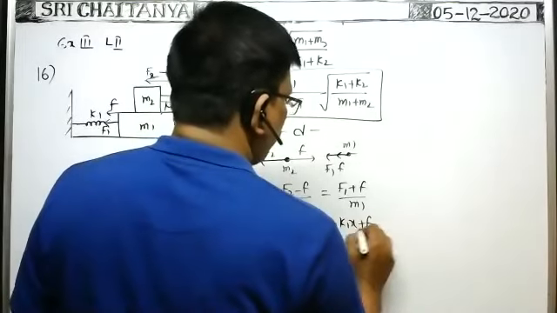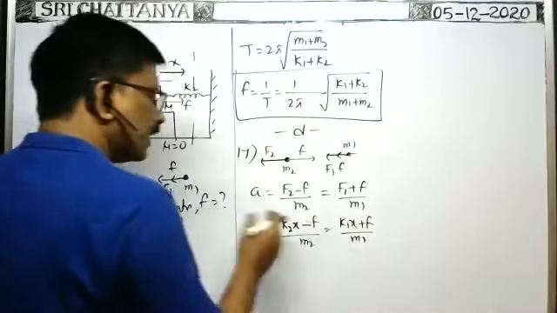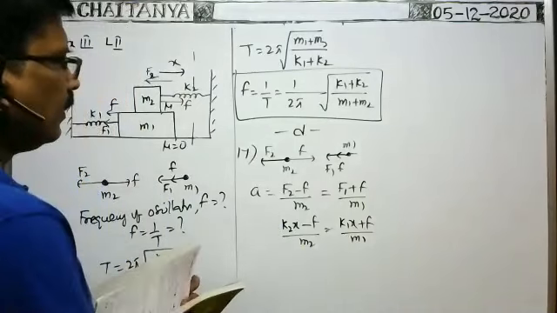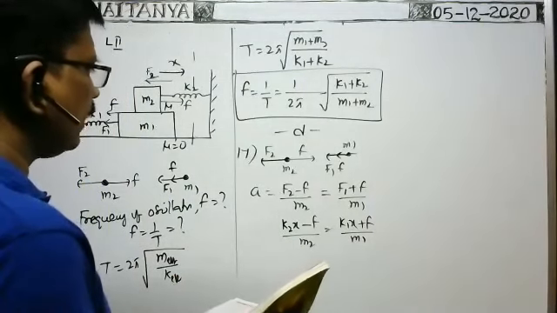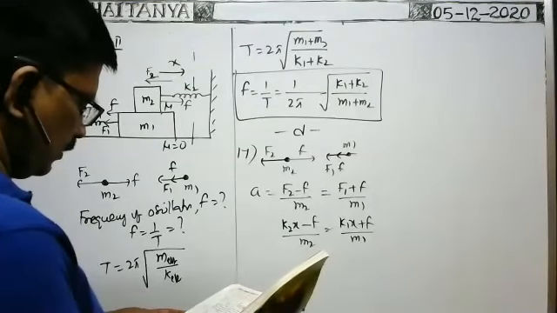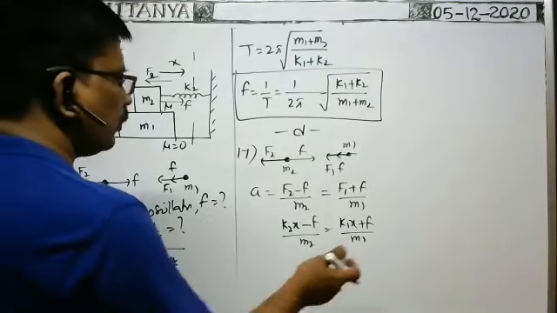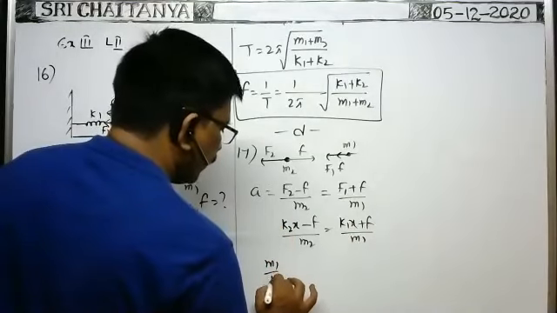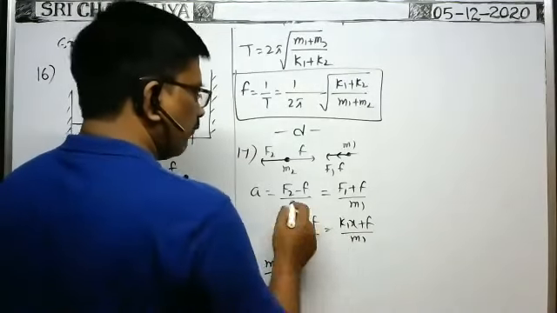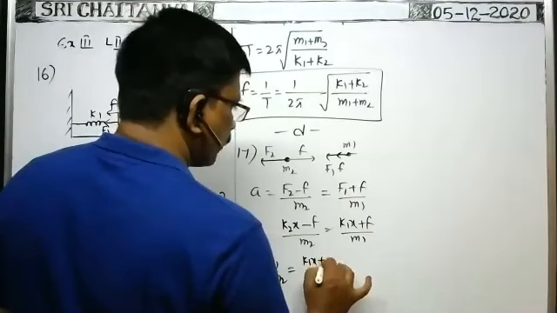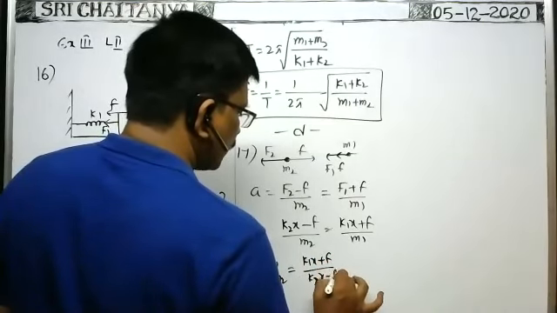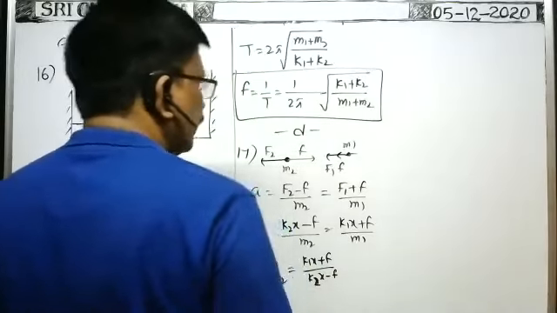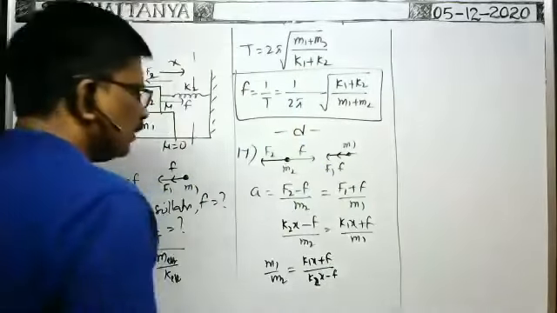Plus friction force F by mass M1. Do cross multiplication. Because here they asked the relation between masses, no? M1, M2, K1, K2. Okay. You write M1 by M2 is equal to K1x plus F by K2x minus F.